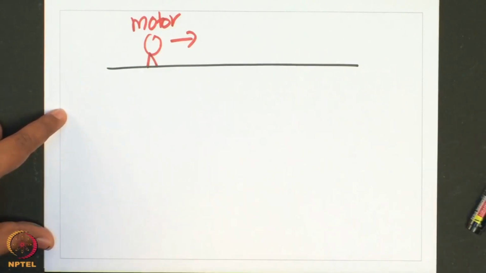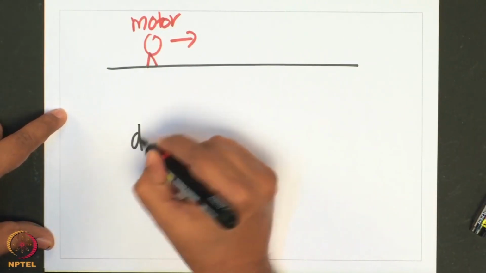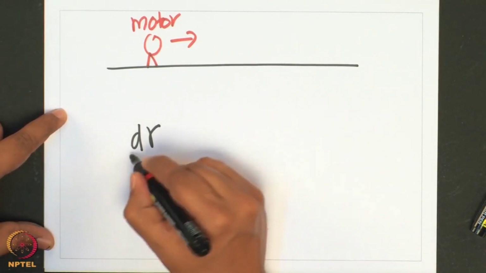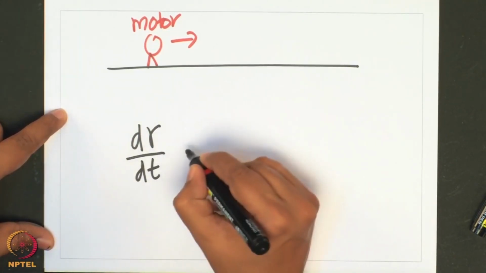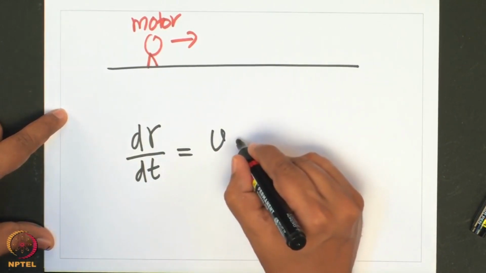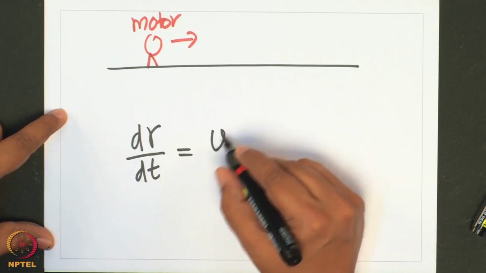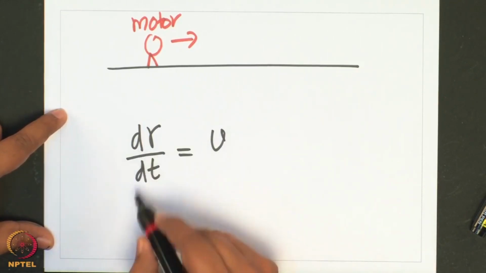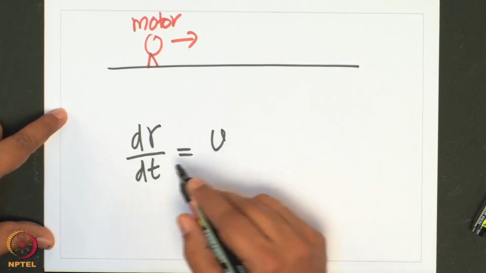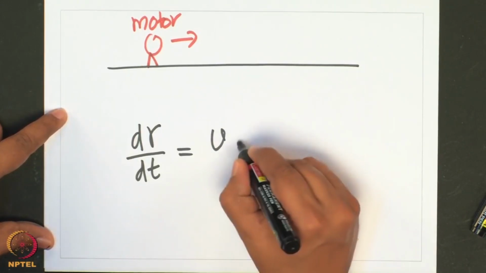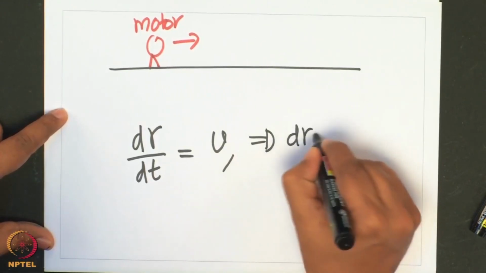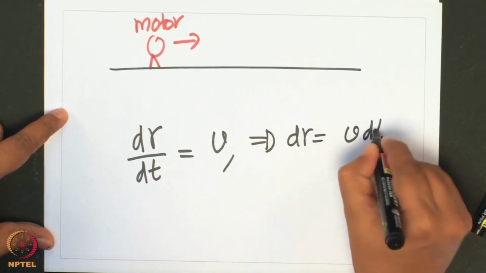We know that the position of this motor, R, changes with time, and we know the speed of the motor, V. If we know the average speed of the motor, this is the equation that we will get: dR by dt is equal to V. This would imply that dR is equal to V dt.